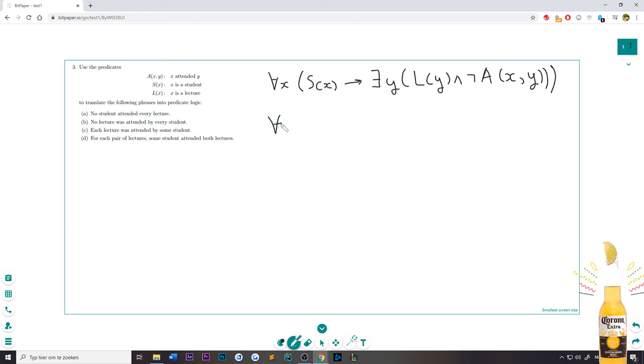So it's basically taking the first one and flipping it, if that makes sense. So for all lectures, there exists an X such that X is a student and they did not attend the lecture, right? So that's the second one in predicate logic.